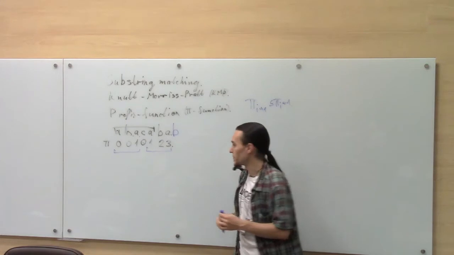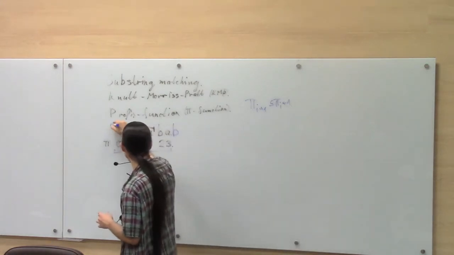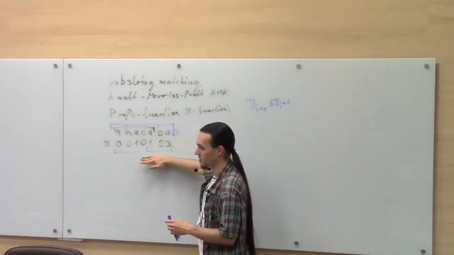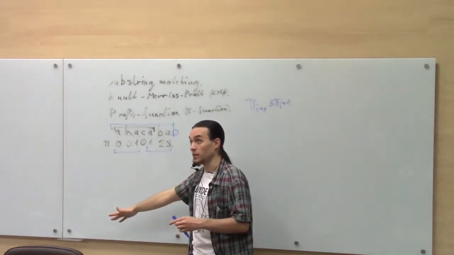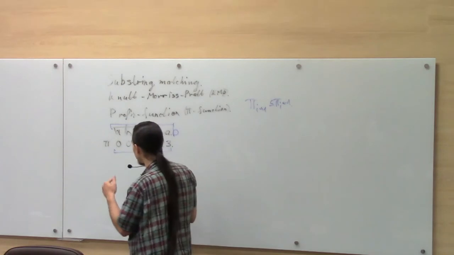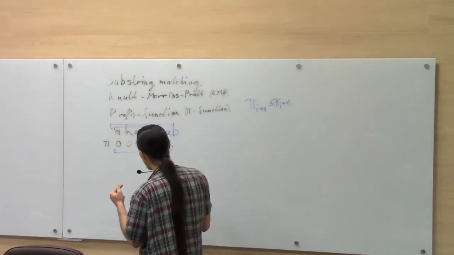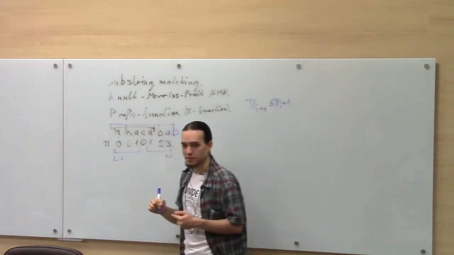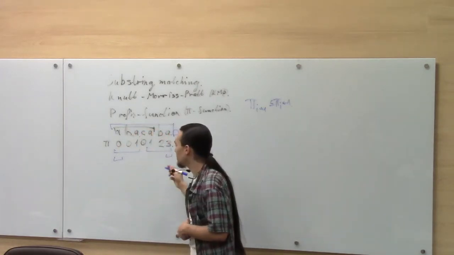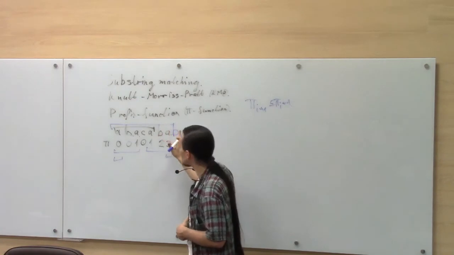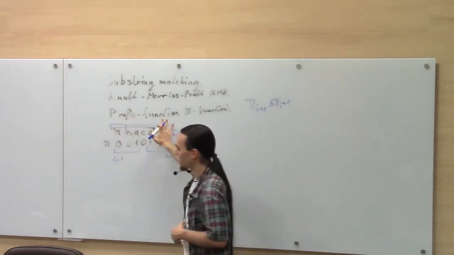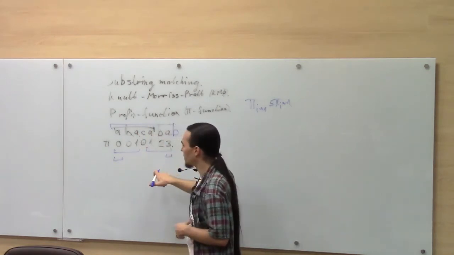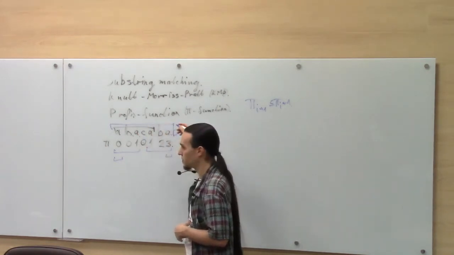So let's try the next one. We tried a match between prefix and suffix of length 2 and it doesn't work. Then we try the match between 1 and 1 and it works, and we can also continue that.